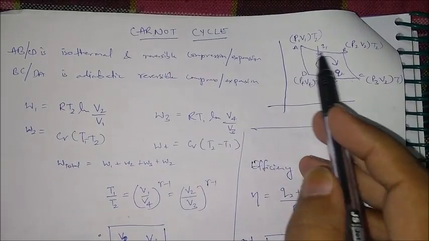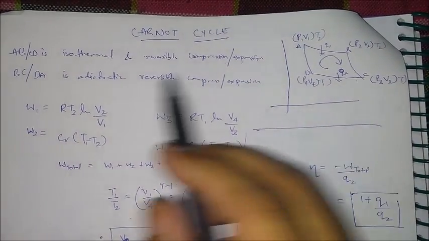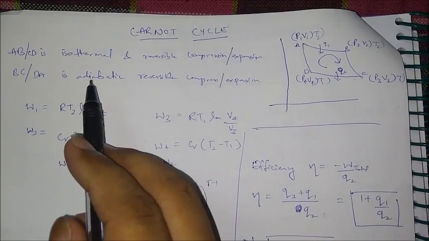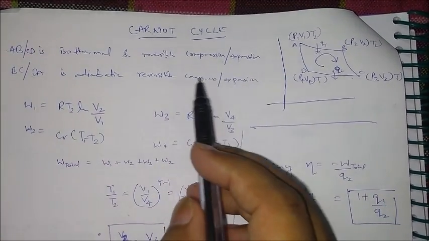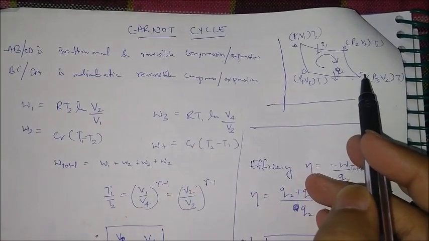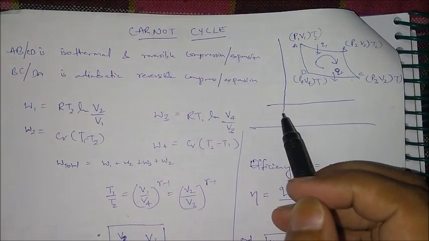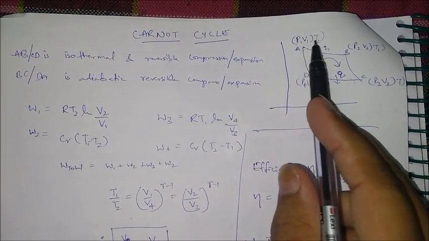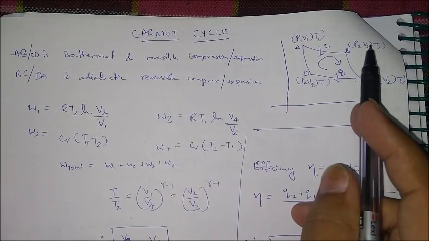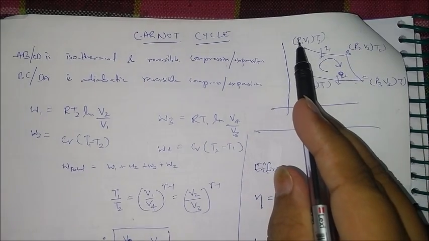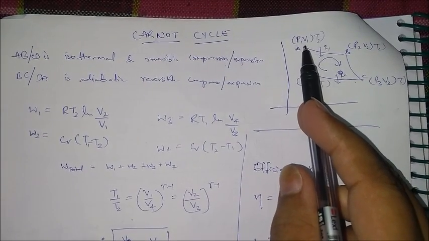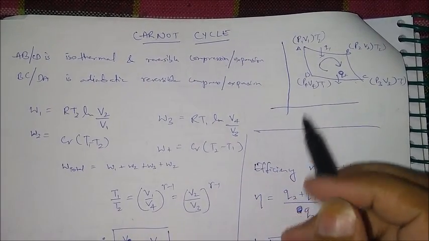AB is compression and CD is expansion. Then BC and DA are adiabatic reversible compression and expansion. So BC is compression and DA is expansion. Now P1 V1 T1 and P2 V2 T2 represent the pressure, volume and temperature at that point.